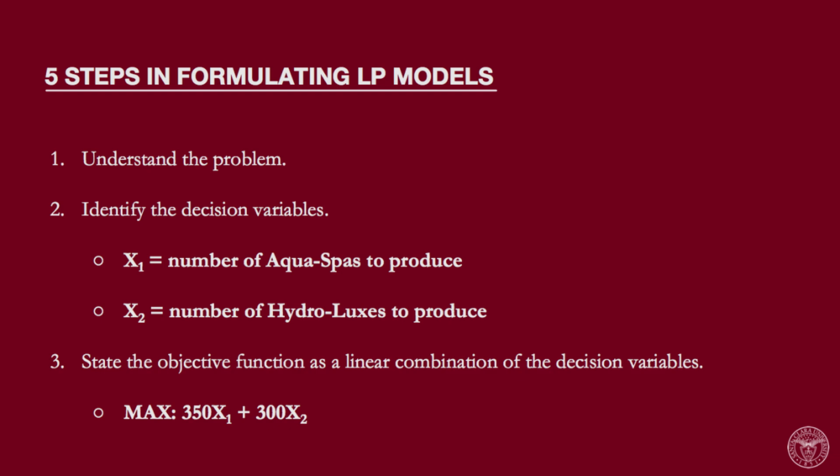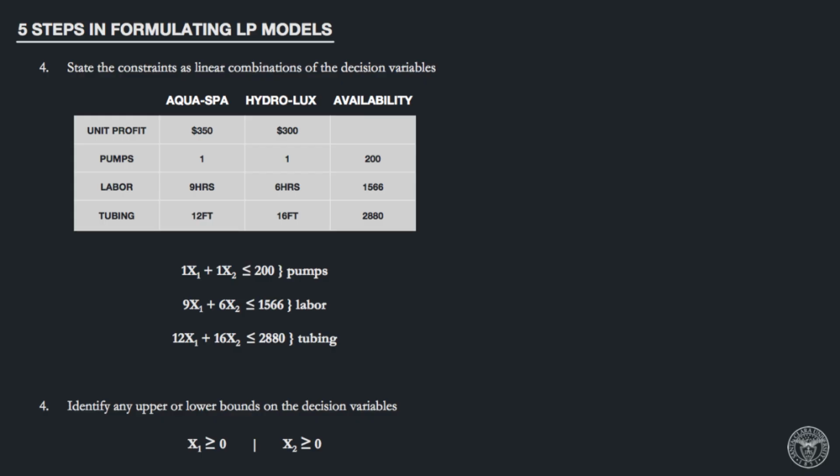Now, after we have decision variables, we can write down the objective function. We have a marginal profit of 350 for each unit of X1 Aqua and 300 for each unit of Hydro. So our objective is to maximize 350 times X1 plus 300 times X2.